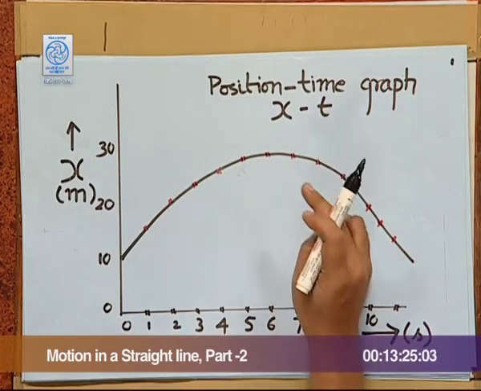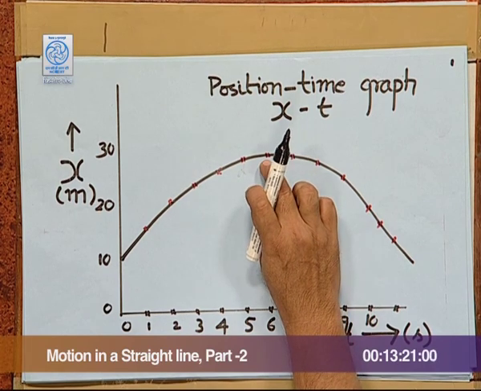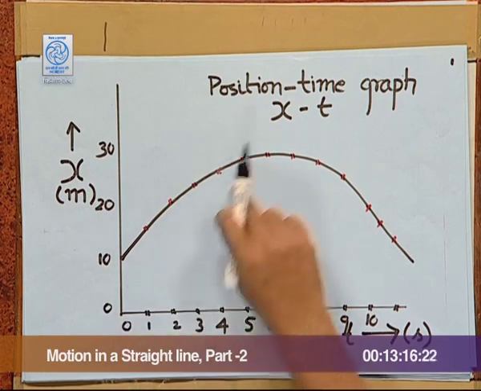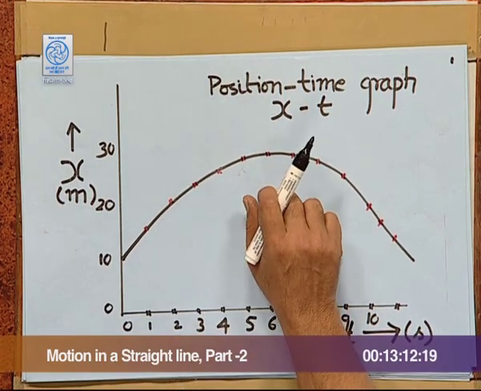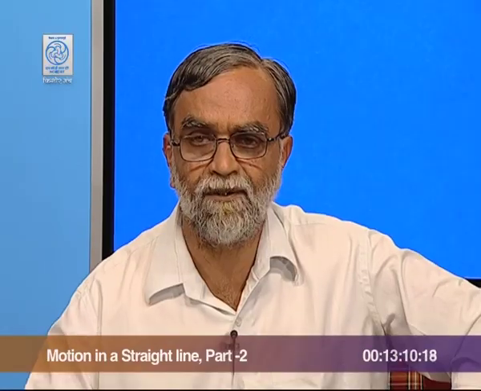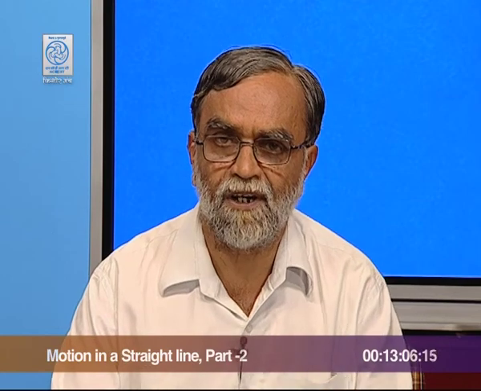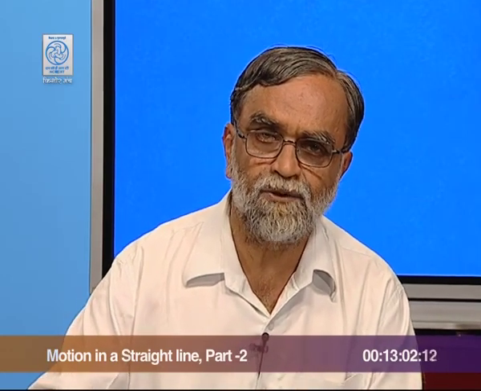Now, at t is equal to 6 seconds, the position is 28. From 0 to 6 seconds, the position goes on increasing. Afterwards, what is happening? The position is decreasing. What does it mean? It means, if you look at the x coordinate, it is moving along a straight line and it is coming back towards the origin.